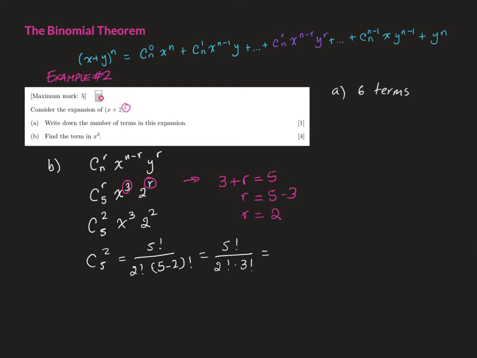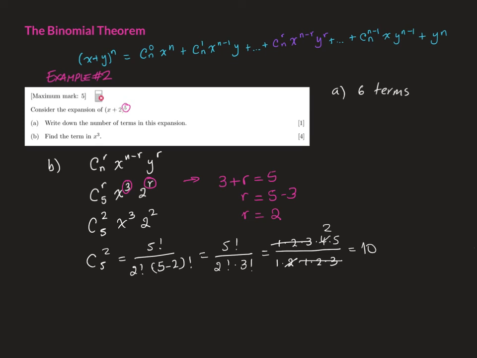And remember that factorial is the product of all the natural numbers up to the given number. So 5 factorial is going to be 1 times 2 times 3 times 4 times 5. And 2 factorial is 1 times 2. And 3 factorial is 1 times 2 times 3. So we can cancel 3 factorial and we can simplify 4 with the 2. And we get that the coefficient C(5,2) is equal to 10.